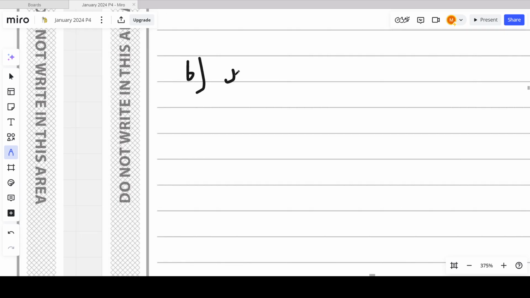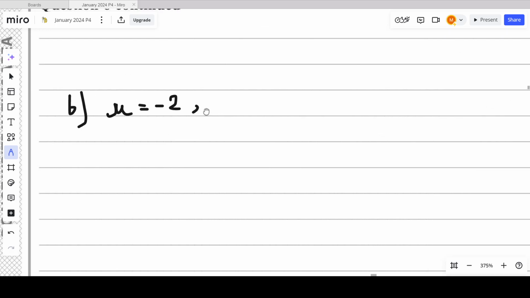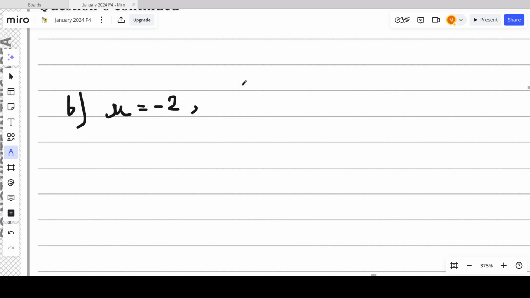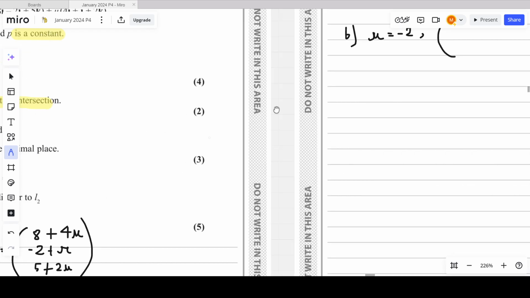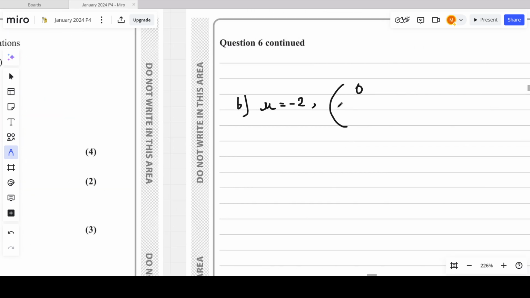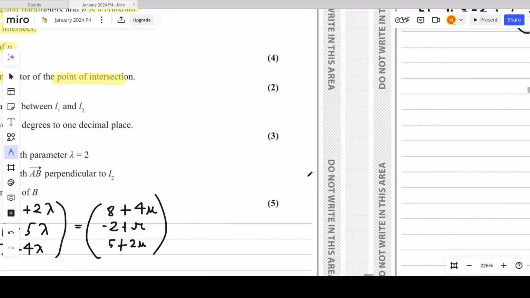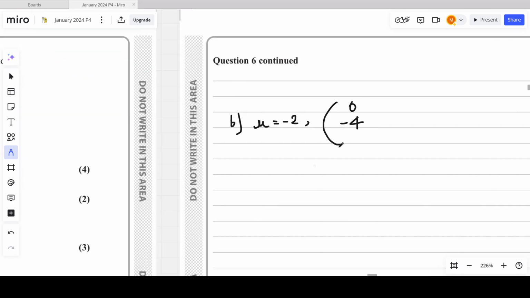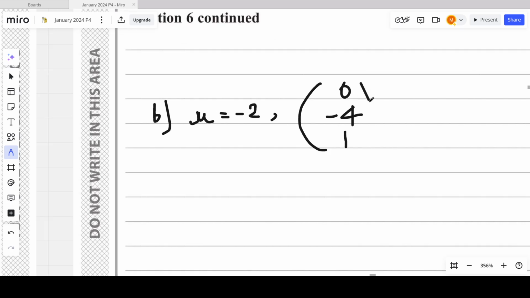So we are putting mu equals negative 2 there. If mu equals negative 2, then the point becomes 0, and then the j component is negative 2 times 2, this is negative 4, and the k component is what? 5 minus 4, that is just 1.